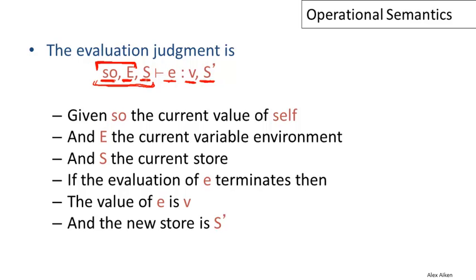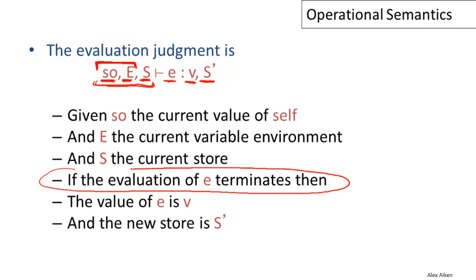However, the store does change. So the contents of the memory may be modified. And so that's why we need a store both before evaluation and after evaluation. And one more detail, judgments of this form always have a qualification that the judgment only holds if the evaluation of E terminates. So if E goes into an infinite loop, then you're not going to get a value and you're not going to get a new store.